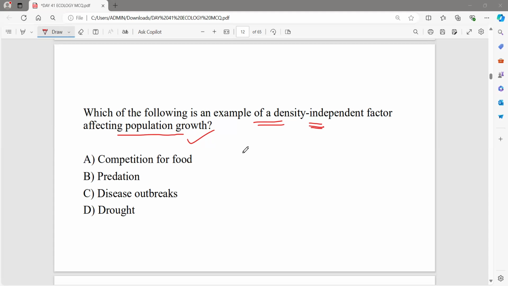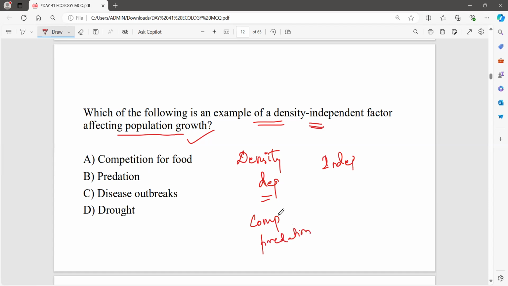See, always you should have an idea about density dependent and independent. Density dependent affects the birth rate and death rate because of competition and predation. Competition and predation are directly density dependent.